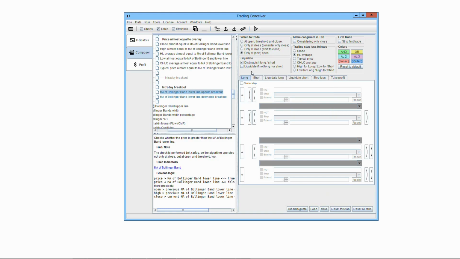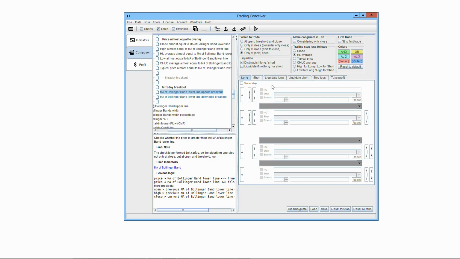When the checkbox Distinguish Long-Short is checked, you can use different algorithms for liquidating a long or a short position. Both the Liquidate Long and Liquidate Short tabs are enabled. If unchecked, only one Liquidate tab is enabled, and it controls the liquidate behavior both for long and for short positions.